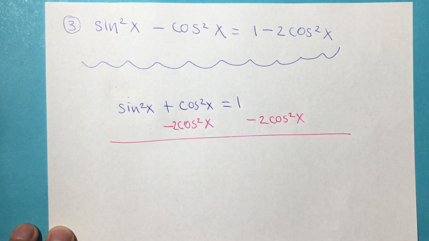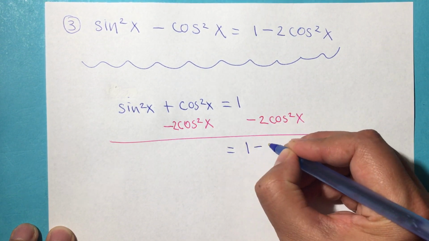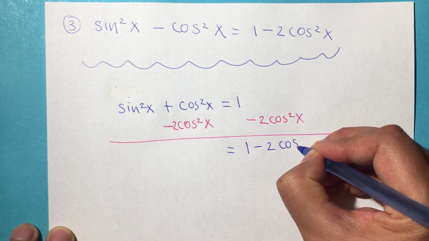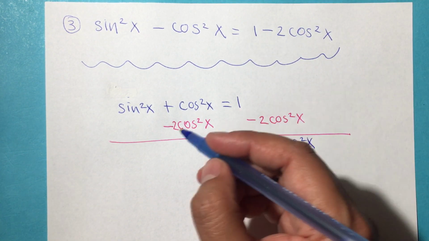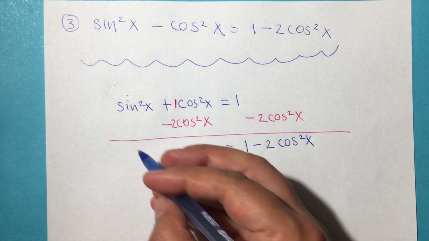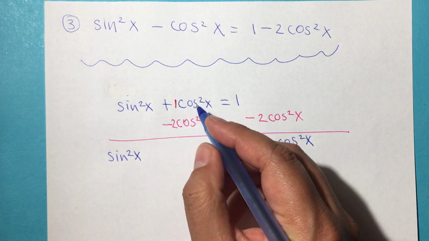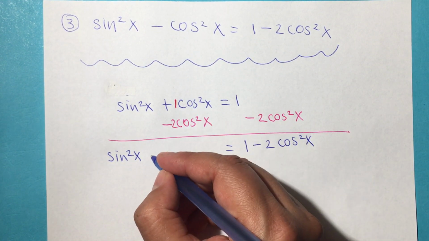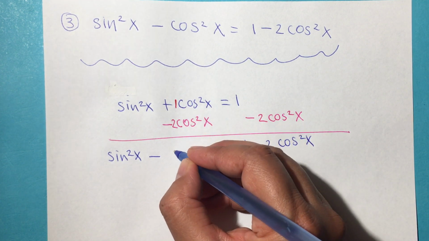So in here I can just rewrite it as 1 minus 2 cosine square of x, which is what I already have in here. In here, remember that if there is no coefficient, it's like there is a 1 in there. I bring down the sine square of x, and then 1 minus 2 is negative 1, but we don't really need to put it as it wasn't in here as well.